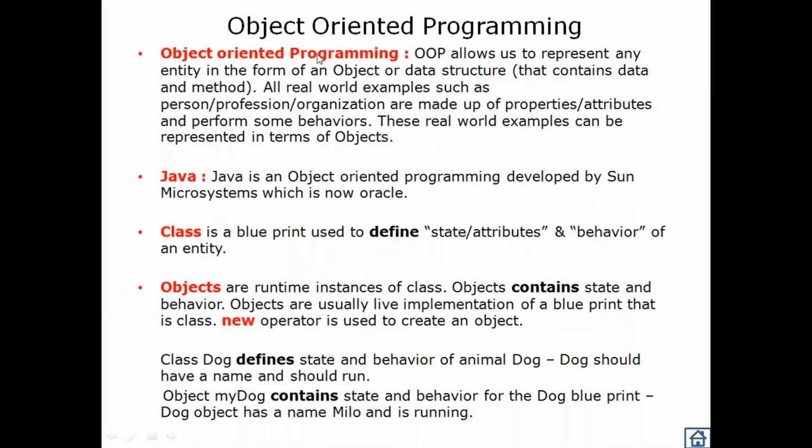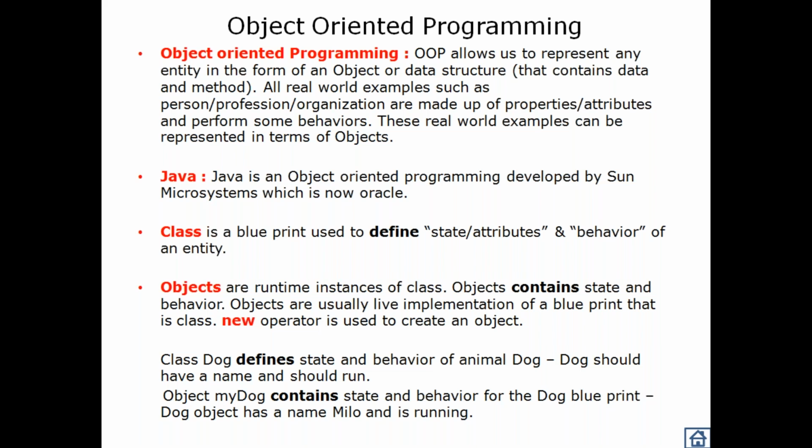Now, there are several different programming styles. What I mean by that is if you want to write software, you can take different approaches. Typically you begin with a problem statement. You need to write software that allows people to transfer money. That's the problem statement.